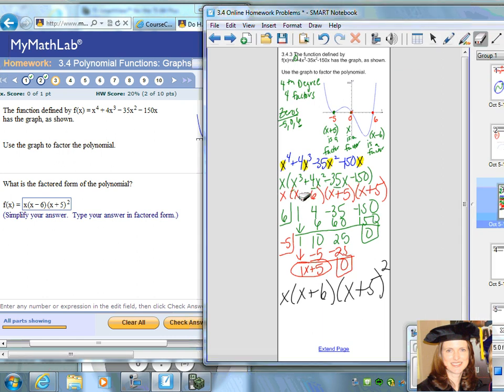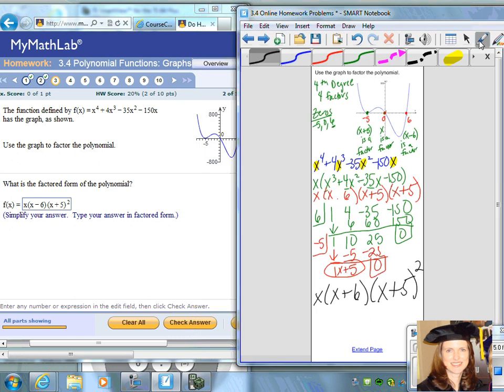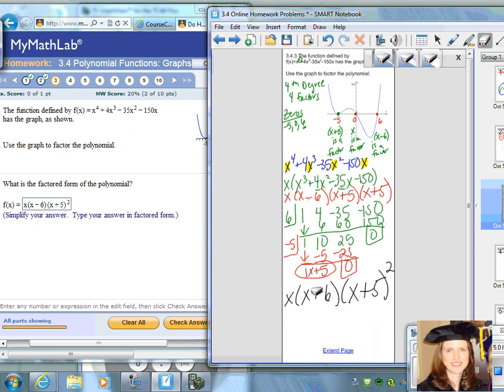I was rushing through that. I apologize for that mistake. But again, this should be x minus 6 as a factor. If you caught that before me, good job. You're paying attention. If it's 6 in the box, that corresponds to a factor of x minus 6.